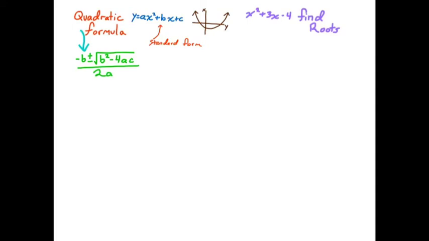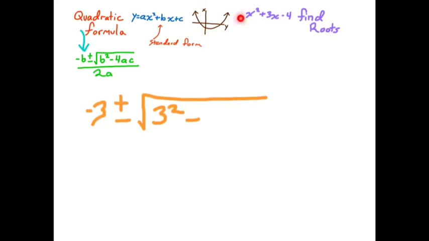And negative b. Well, in this case, negative b is a 3, so we're going to go negative 3 plus or minus the square root of b squared. So that would be 3 squared minus 4ac, right? I'm right here, minus 4ac.